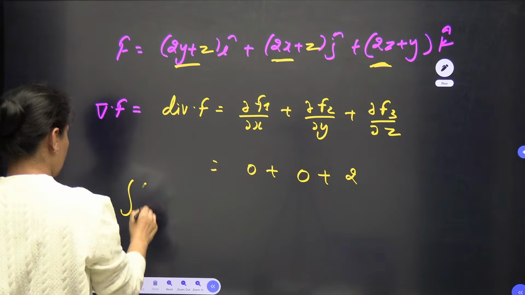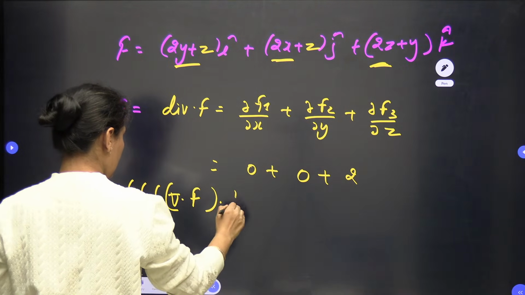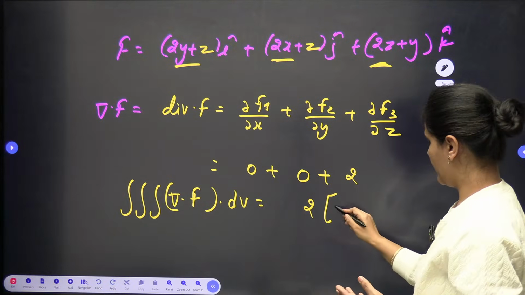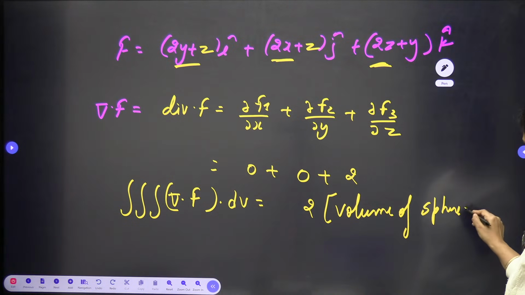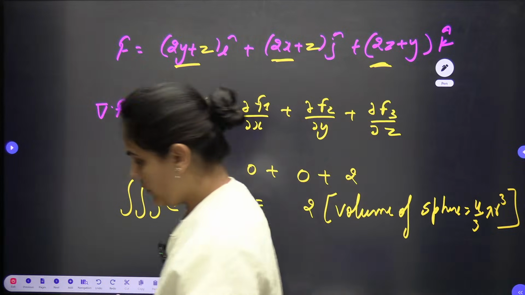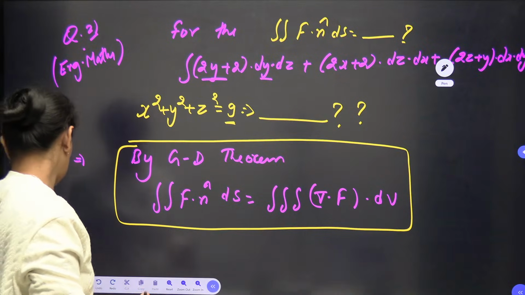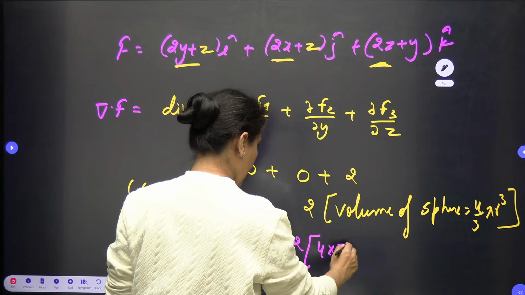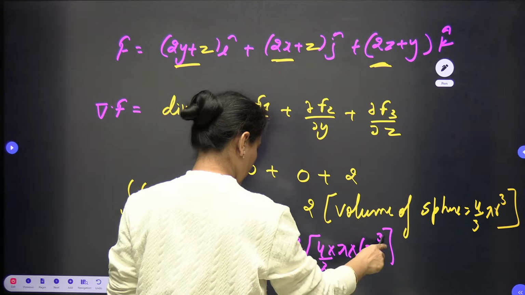So when we convert it to the integral of del dot f dv, it should be 2 times v, where v is the volume of the given sphere, which is 4 by 3 pi r cube. You can confirm, beta, 4 by 3 pi r cube. So r is 3 here. So this should be 2 into 4 pi by 3 times 3 cube, so one 3 will be gone.